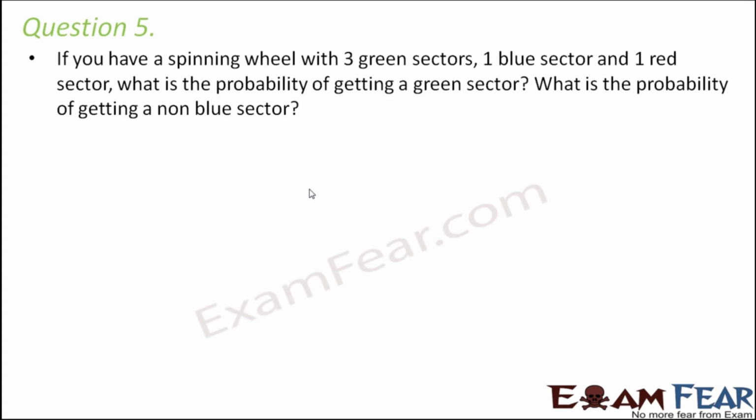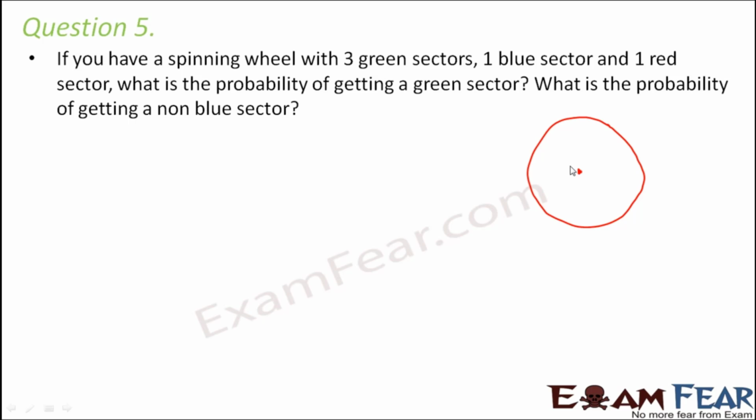Question number 5. If you have a spinning wheel with 3 green sectors, 1 blue sector and 1 red sector, what is the probability of getting a green sector? What is the probability of getting a non-blue sector? First of all, let us try to draw the spinning wheel. Only then we will be able to solve this.